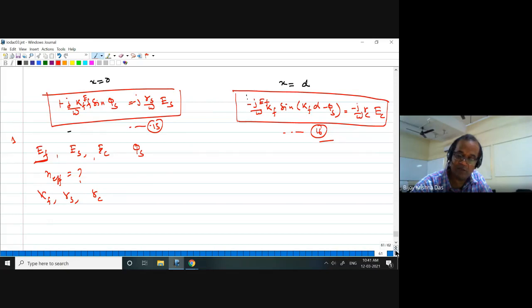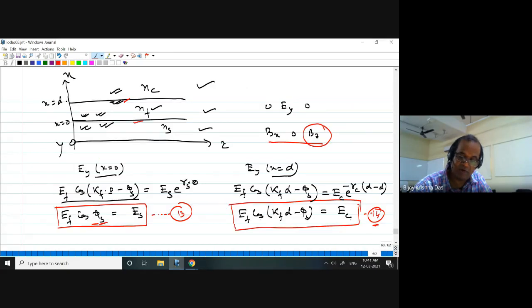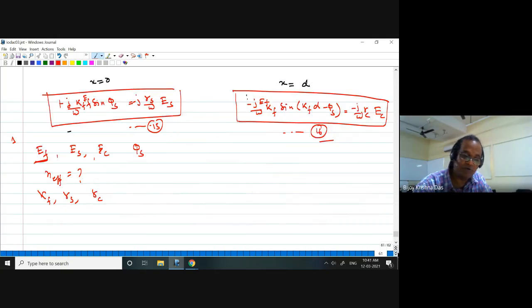What is that? 14 is Ef cos kappa f d minus phi s equal to Ec, right? This is your 14 equation, right? So 14 and 16, if you just divide these two, what do you get?